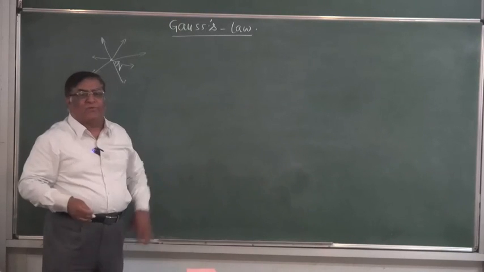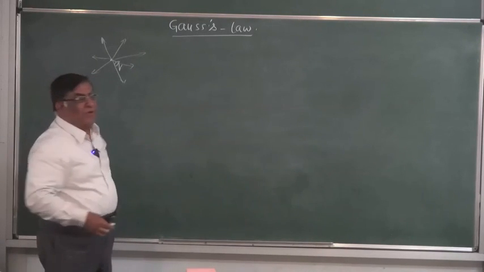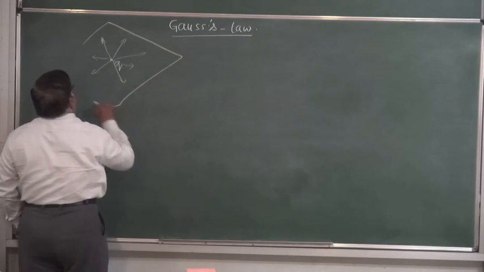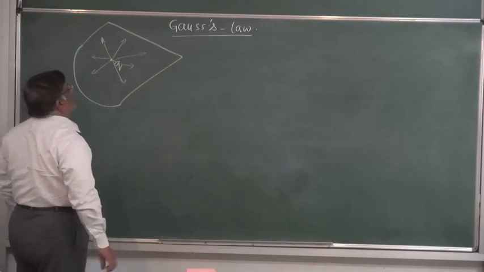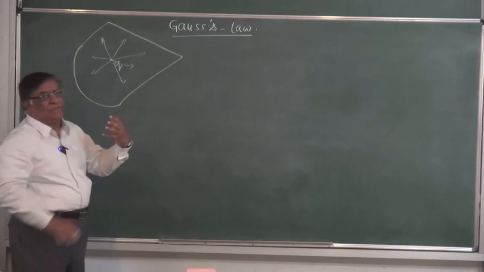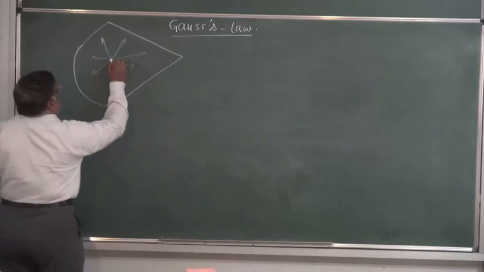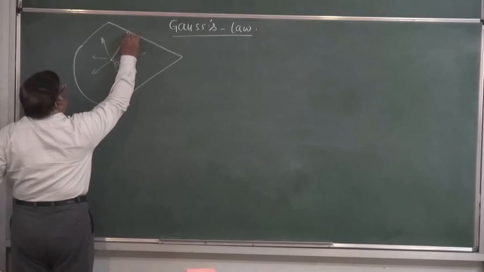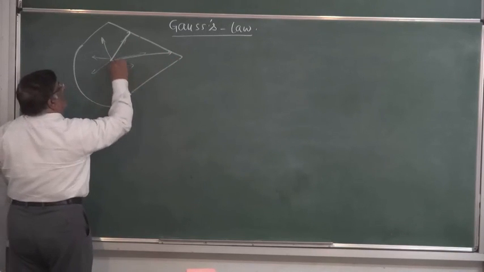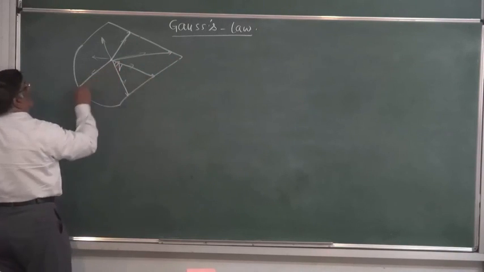Now we enclose it with a surface. This surface may be of any shape, and we have covered it from all the sides. Now, we say the electric field lines are linked with the surface.